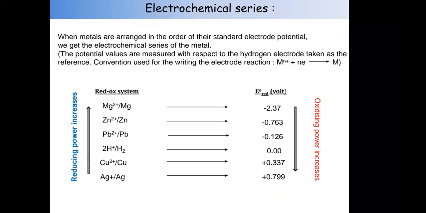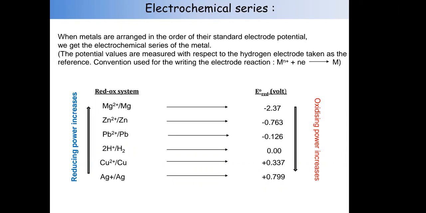When the metals are arranged according to their standard electrode potential value, we obtain the electrochemical series. So now we know the standard electrode potential of different metals, and we can arrange them according to their value.